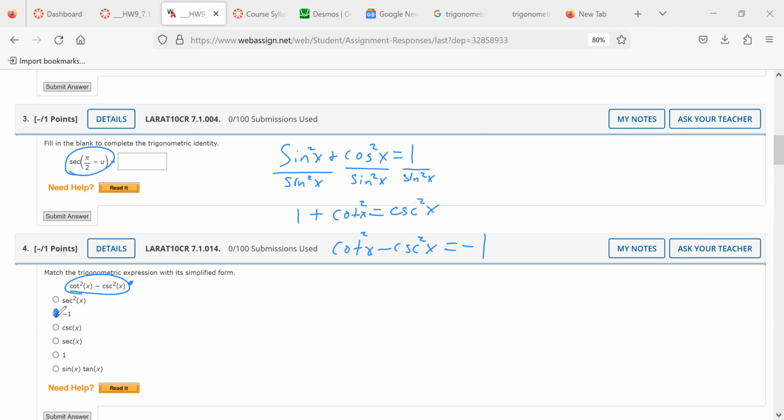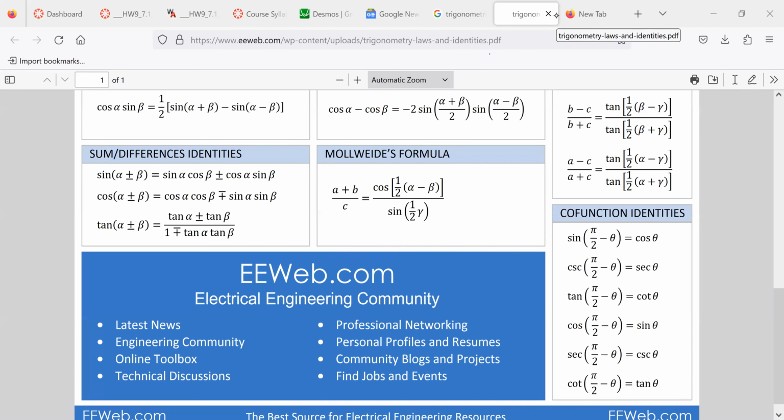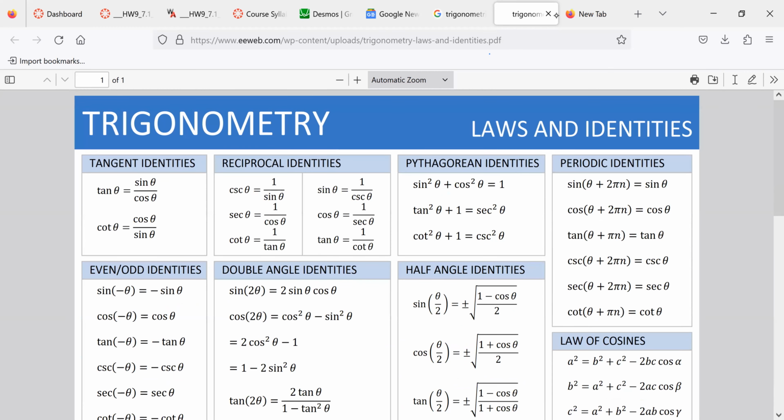I'm not going to force you to derive them. But deriving them helps you get a grasp on where they come from and how they work. If we go back to the formulas though, it looks horrific. The Pythagorean identities, they're right here, but they didn't give you every permutation.